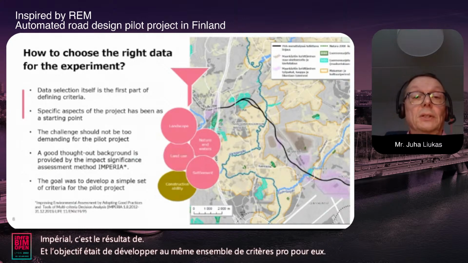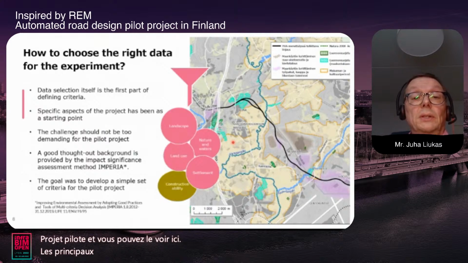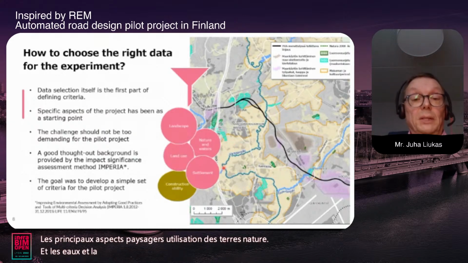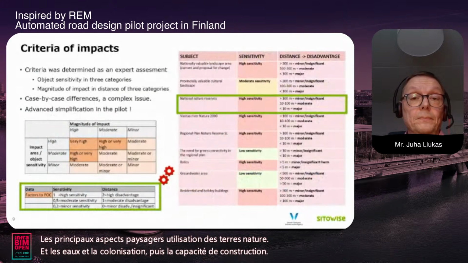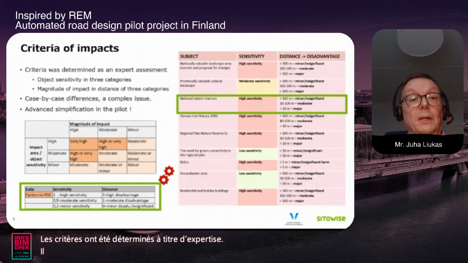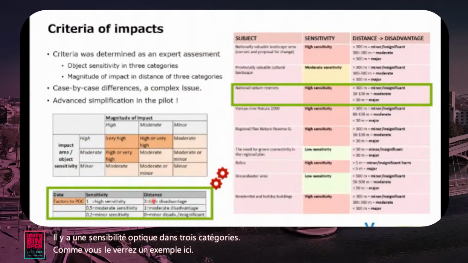And you can see here the main aspects: landscape, land use, nature, waters and settlement, and then construction ability. The criteria were determined as an expert assessment. There is object sensitivity in 3 categories, as you see in an example here, and then the magnitude of impact in distance of 3 categories.